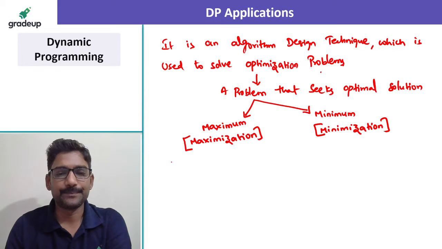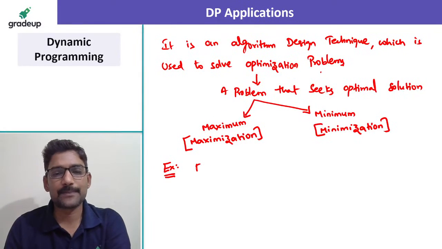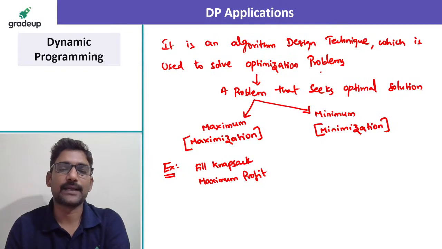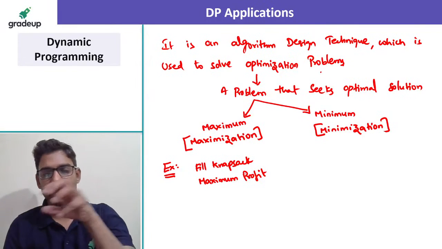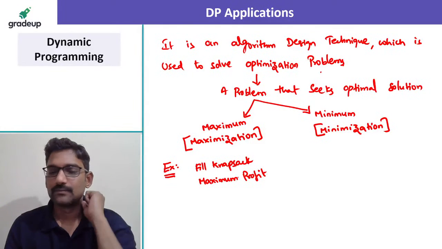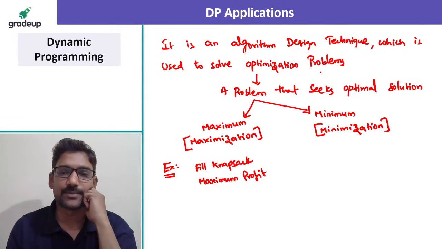For example, I would like to fill the knapsack with the given items with maximum profit. What is the maximum profit that I can achieve with the given items, with their weights and the knapsack? That is a maximization problem, right?